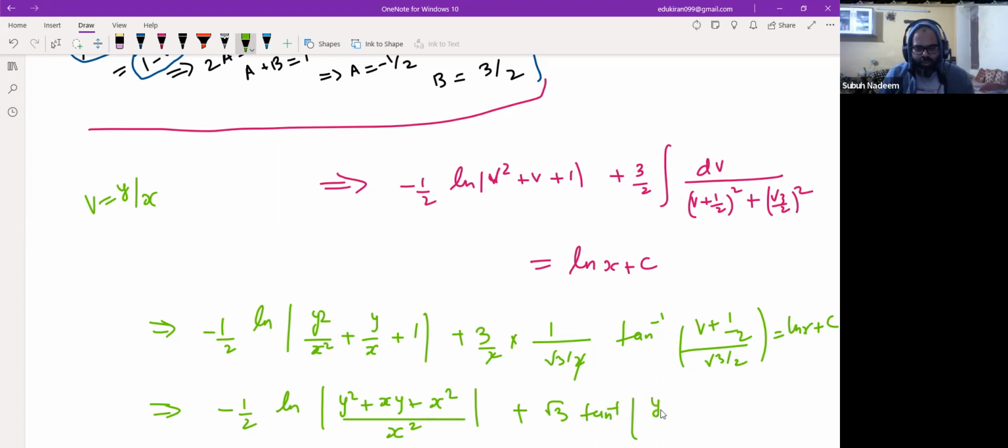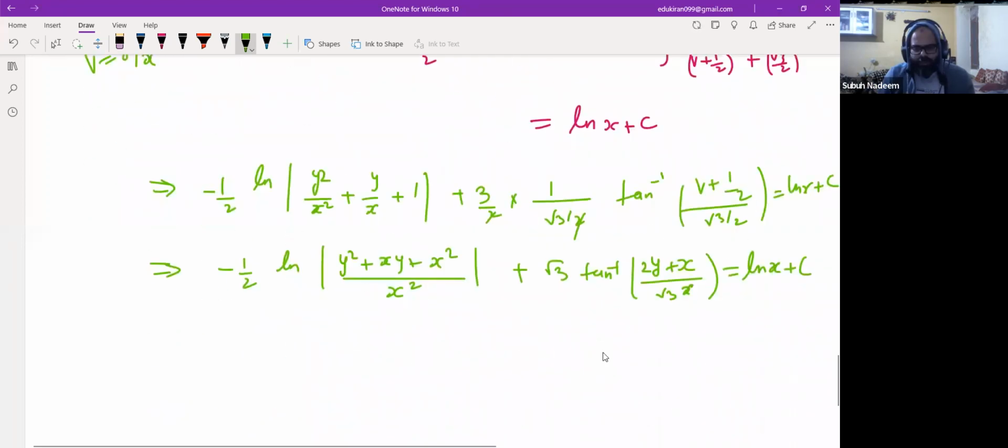So in that case, it will be 2y plus x by root 3x, is equal to log x plus c. So in the next step, you have almost got the answer. This is your answer, but if you want to simplify this, you can simplify.